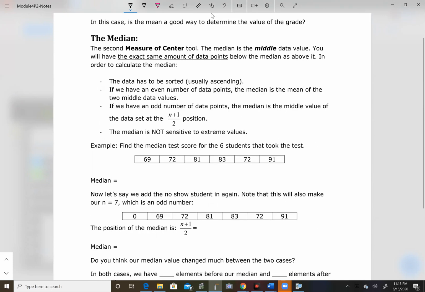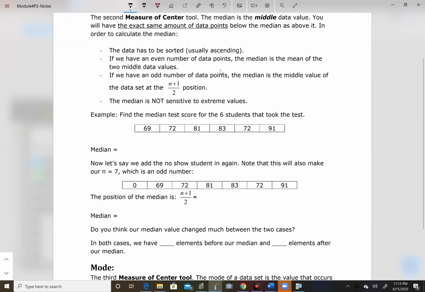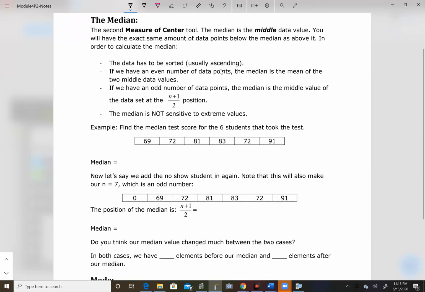All right, the median is the middle. So we just talked about this a little bit. Read through it exactly if you want, but you put all of your numbers in order and then you count up halfway through. I talked about this in our last video: if you have an even amount of numbers and you count halfway through, what's going to happen?